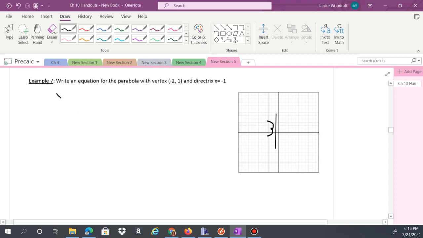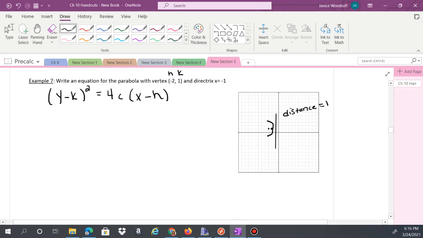Okay. The distance, all right, so actually first, the equation, x squared or y squared? Y squared again, so y minus k squared equals 4c, x minus h. We know h, k, we need c. So the distance from the vertex to the focus is 1. Yeah, because this distance here was 1, so this one would be also 1.